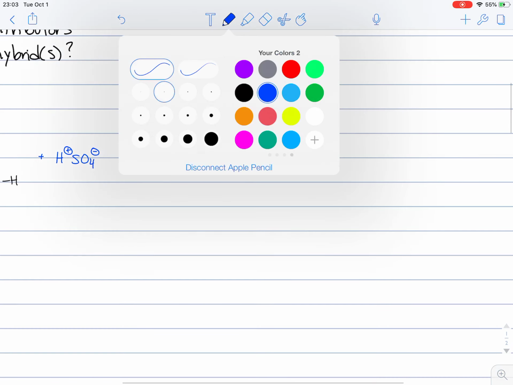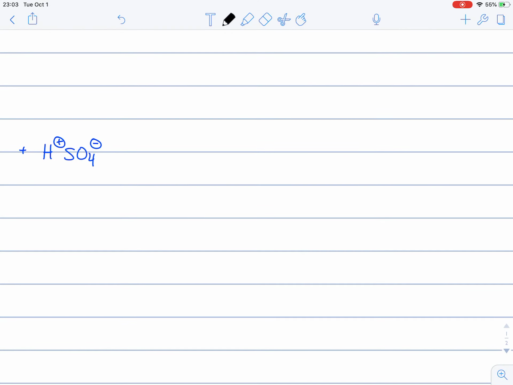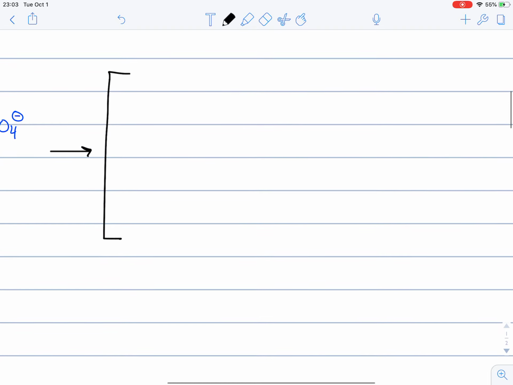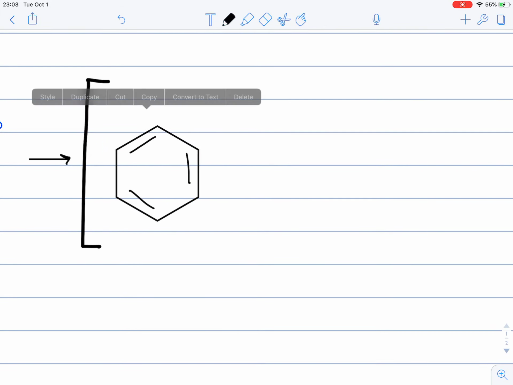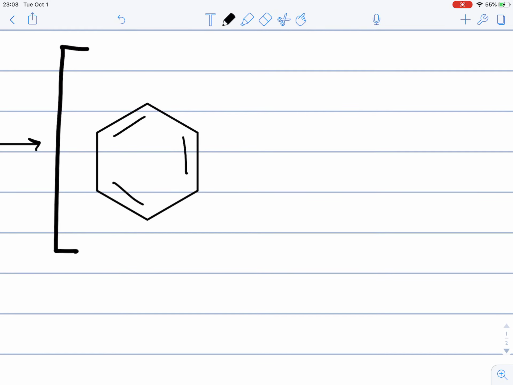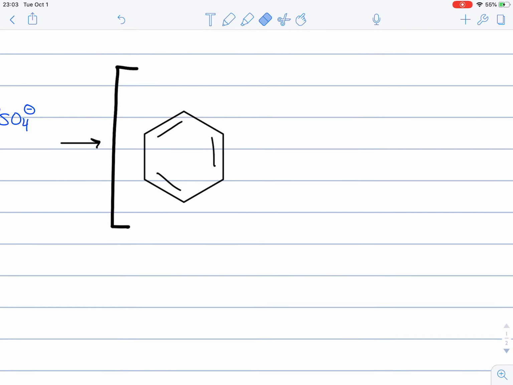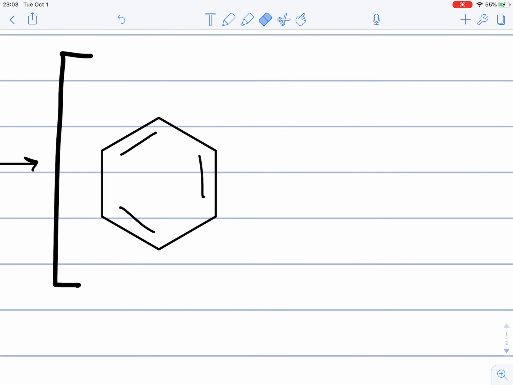Now here's the most important part: resonance contributors. You have 3, and you know that you have 3 because he said you have 3. Okay, I just caught myself.